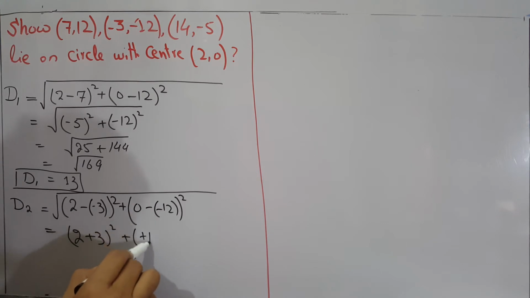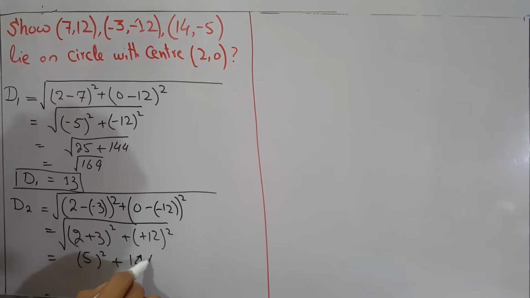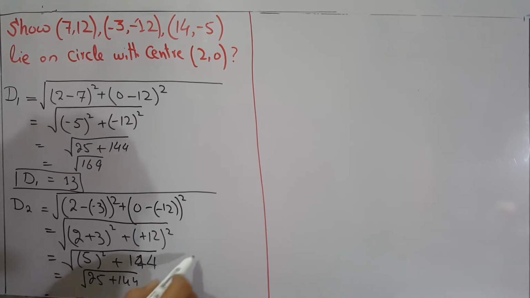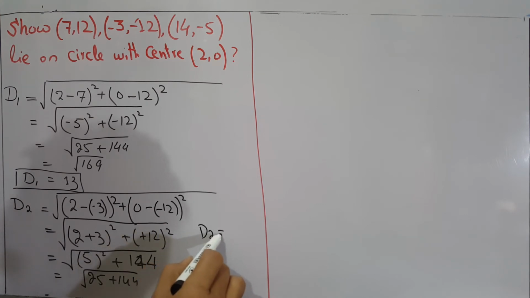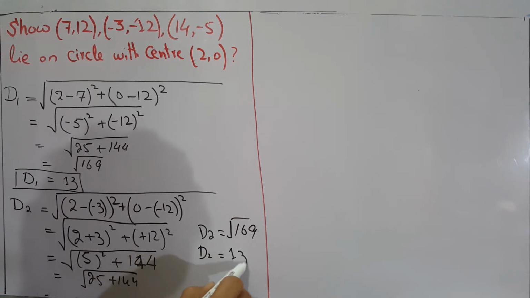So 2 plus 3 gives us 5 whole square, plus 12 whole square, which you can straight away write down as 144. The square of 5 is 25, plus 144. So d2 is then the square root of 169, which is 13. So these 2 points lie on the circle.